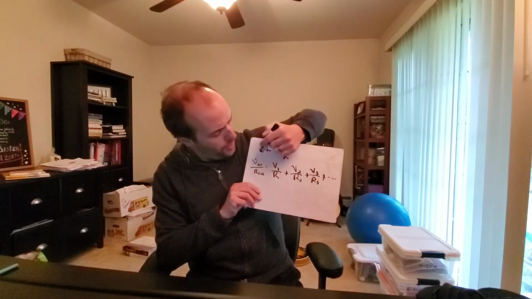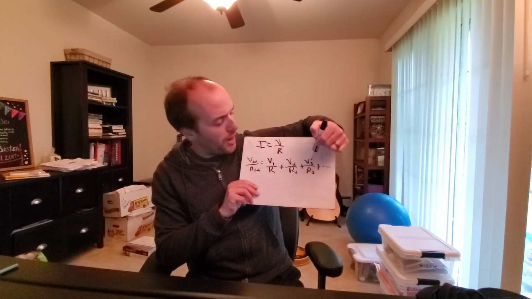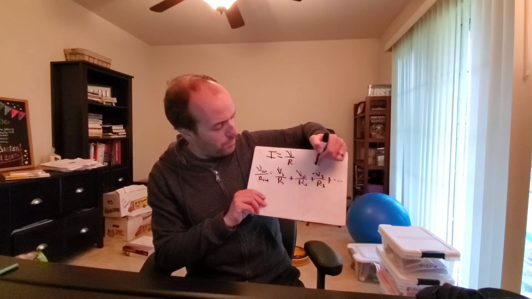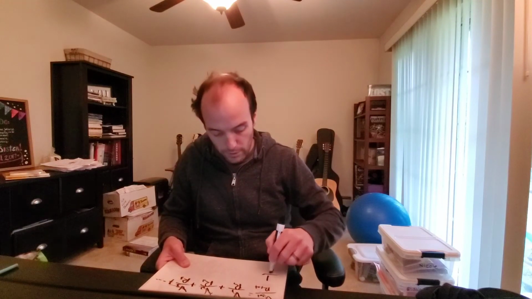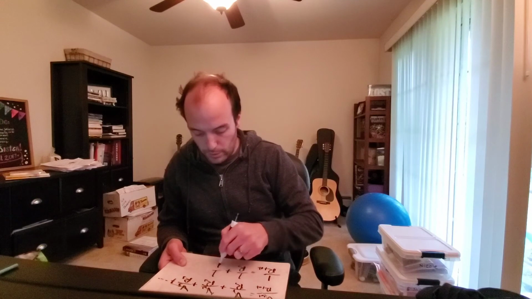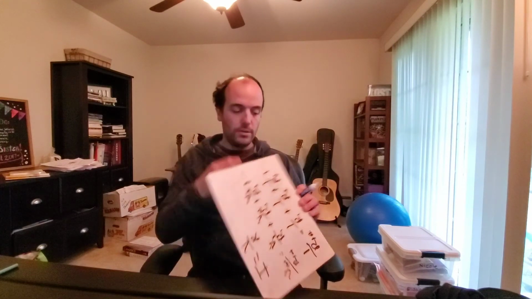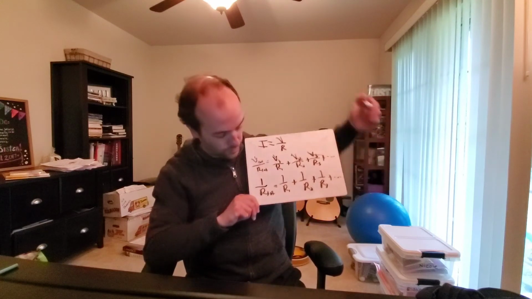Well, we saw earlier that the voltage across each branch will be equal, so we can cancel all those out, and we're left with 1 over R total equals 1 over R1 plus 1 over R2 plus 1 over R3 plus dot dot dot. Okay?